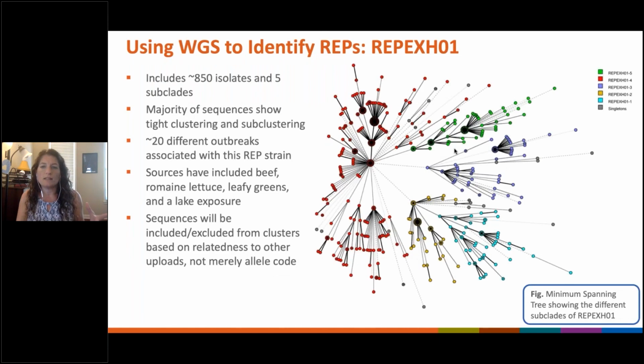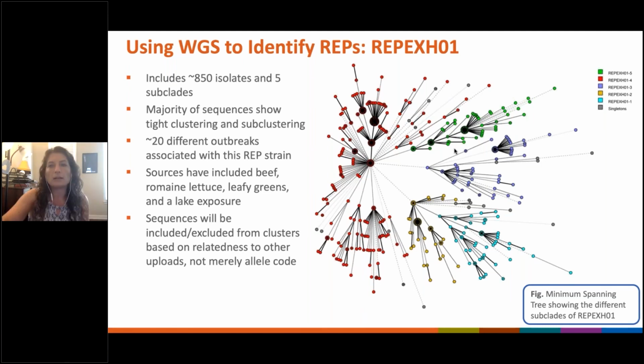So this is a minimum spanning tree, and these are really good for helping us visualize a lot of data. This particular spanning tree includes over 850 isolates, and you'll see that there are 5 different subclades involved in this particular rep. This is the Yuma strain rep.